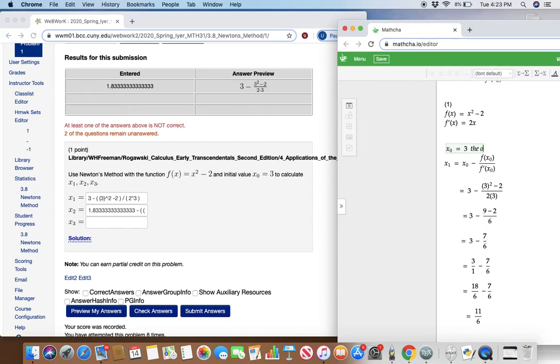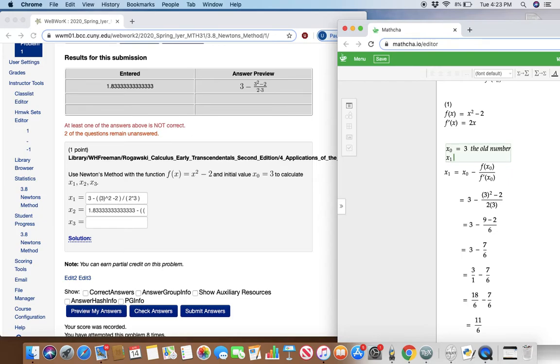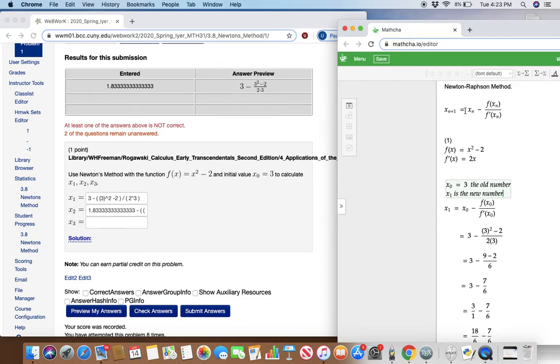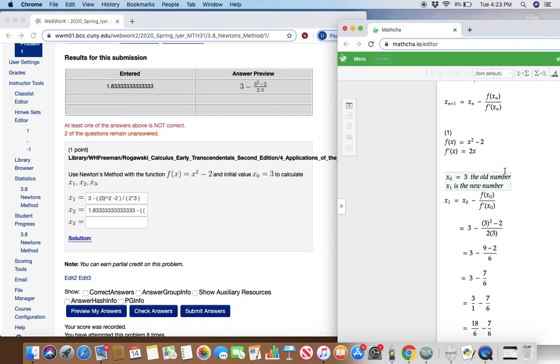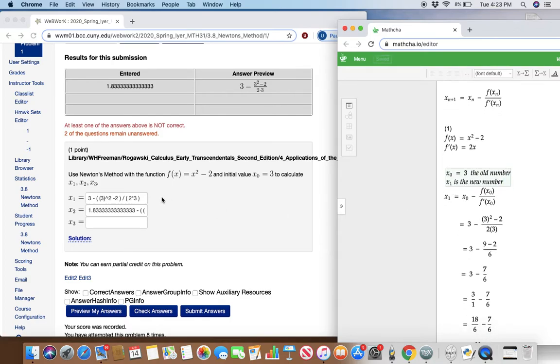This is the old number. x1 is the new number. And the new number is obtained using Newton's formula. What goes on the right hand side are the old numbers in the expression. So you got your x1.